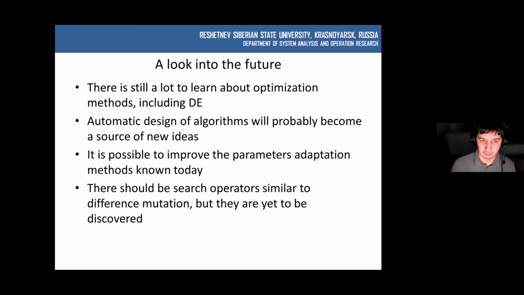Of course, it is possible to improve existing parameter adaptation methods, but probably we could do something more. For example, automatically find new search operators, not like simple differential mutation, but maybe there is something else, with even better performance than difference-based mutation, but we did not discover this yet.